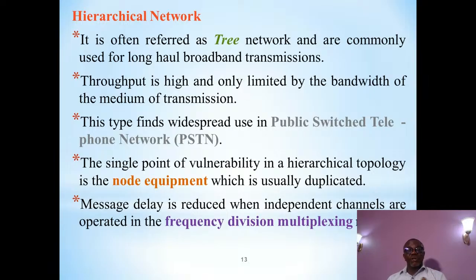So such networks are referred to as hierarchical networks.